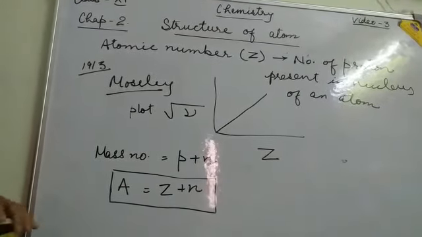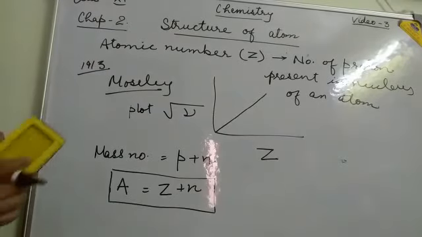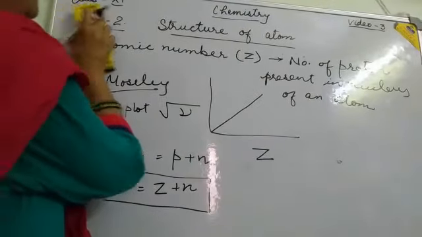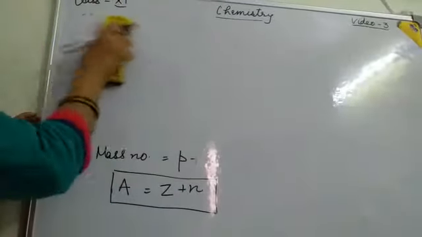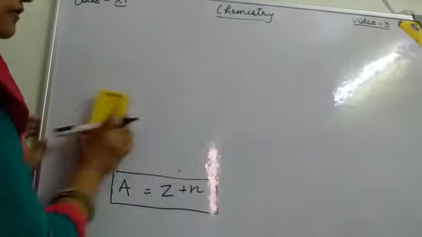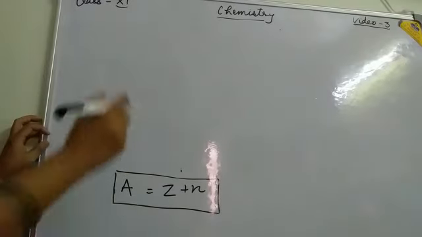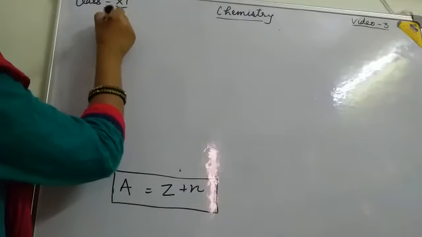Next terms are isotopes, isobars, etc. So let's start with isotopes. What are isotopes? We know very well from the study of class 9th and 10th what isotopes are.